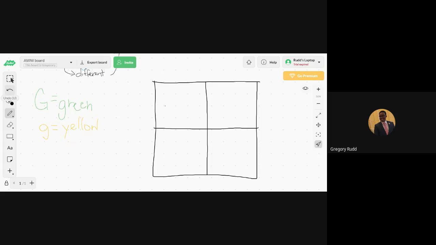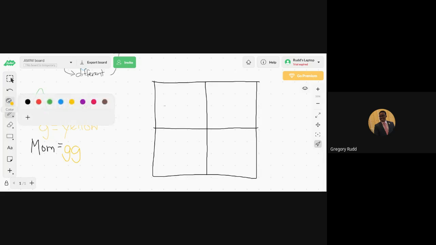This is very helpful. On the last slide, we found out that mom is homozygous recessive. That means that mom's leaves are yellow and she's got 2 lowercase letters.